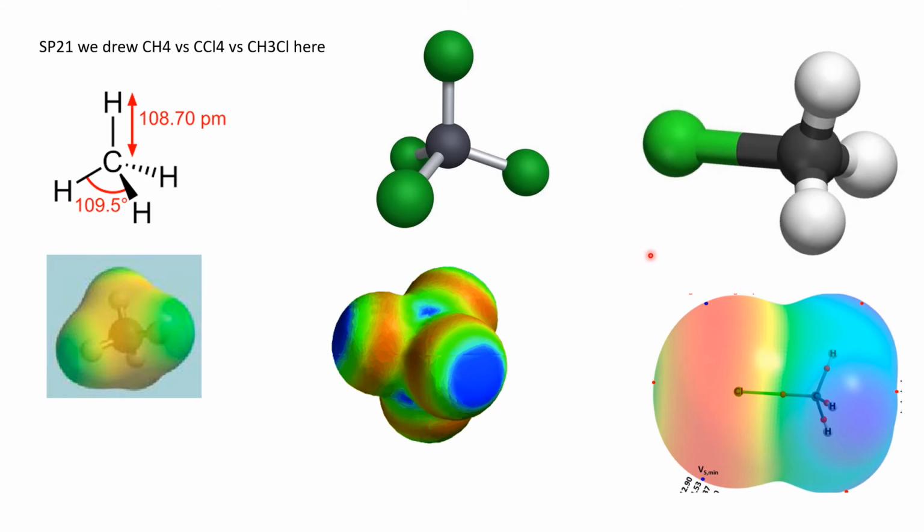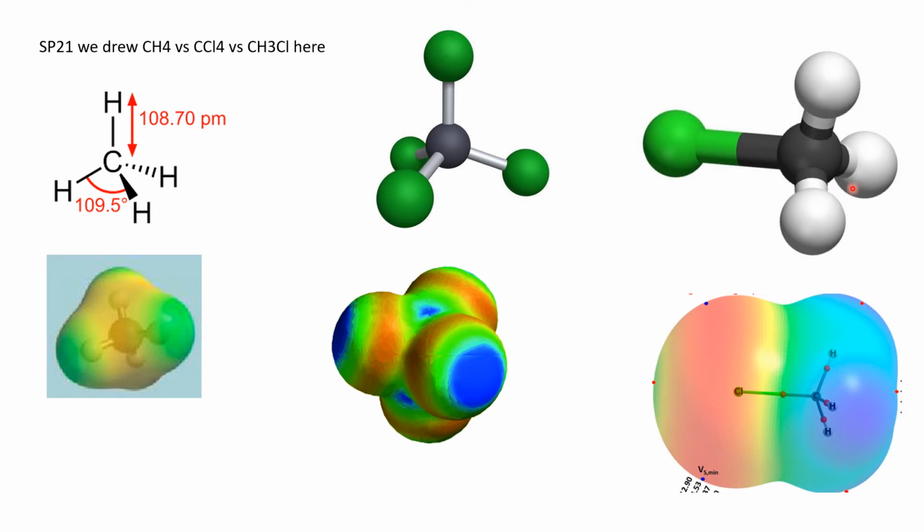Then, finally, here we have chloromethane. So C, 3 H's, and then 1 Cl out here. Now, this carbon-Cl bond is very polar, and so we have a lot of negativity out this way. And then I guess we reverse the colors here so that red is negative in this case.